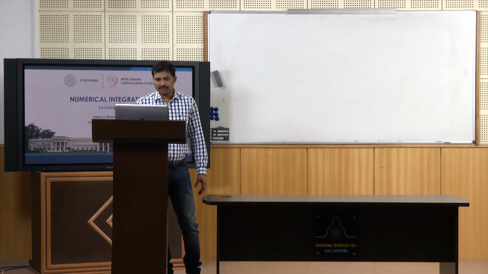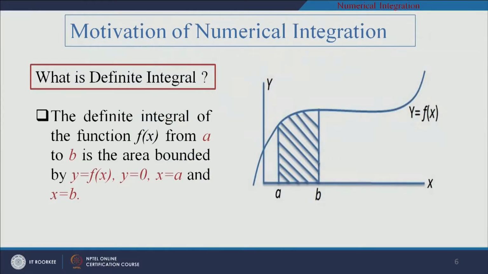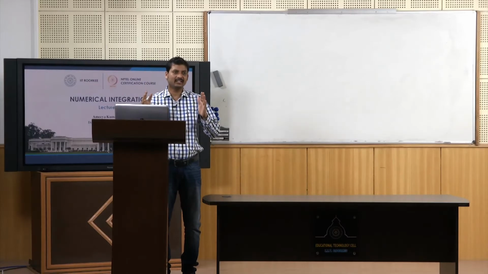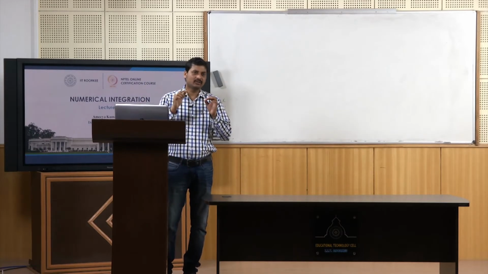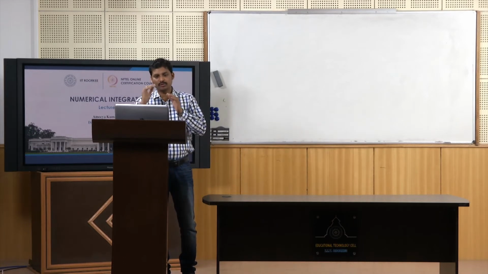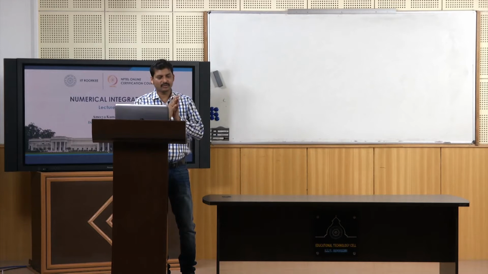For a definite integral or finite range integral, we define a range. Y has a range, say 0 to some value, and x has a range, say x equals 0 to a, or x equals a to b.